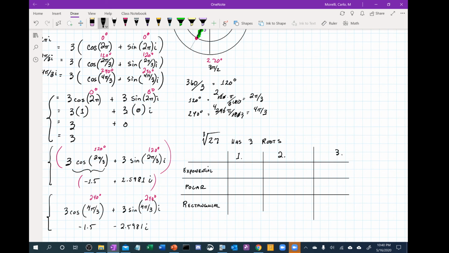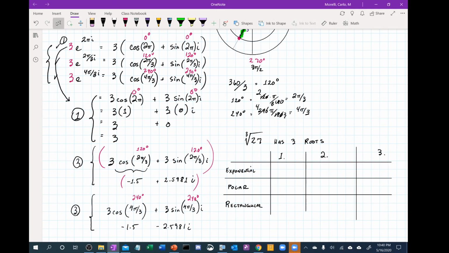Okay. So here's our exponential, and I guess we better test these. So we have our exponential. The first one was 3e raised to the power of 2 pi i. And we know that in the polar form, that was 3 cosine 2 pi plus 3 sine 2 pi i.